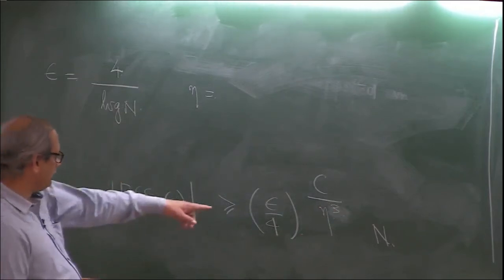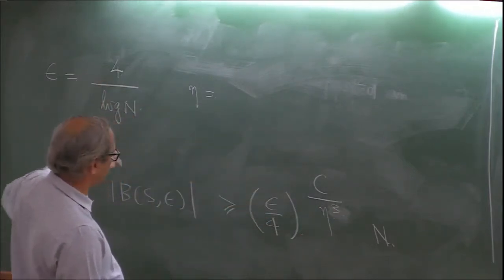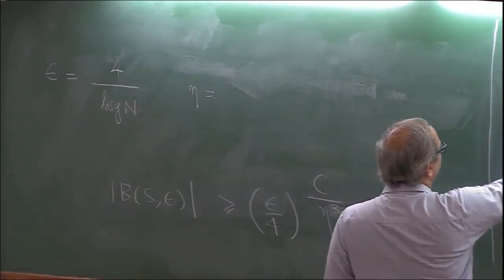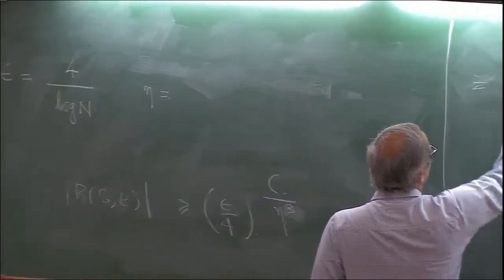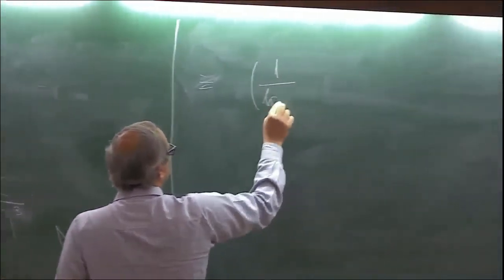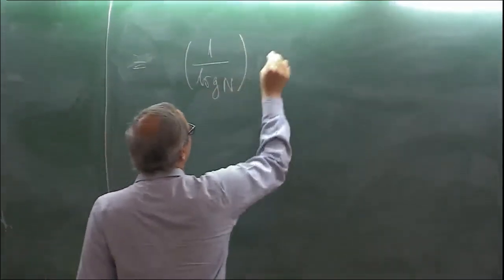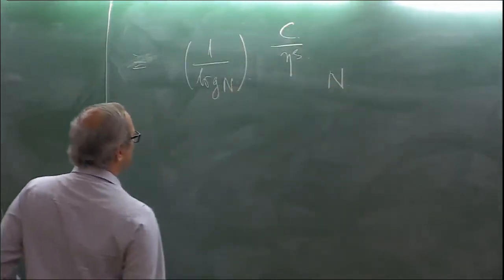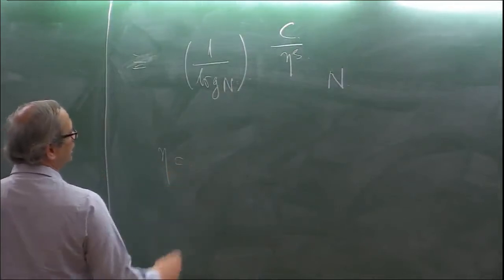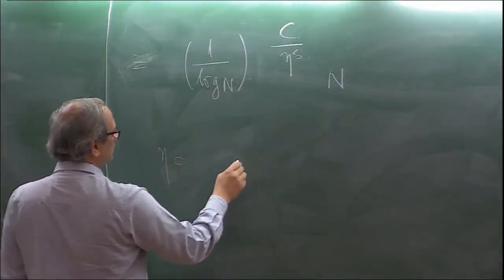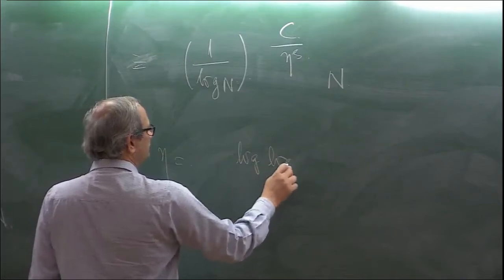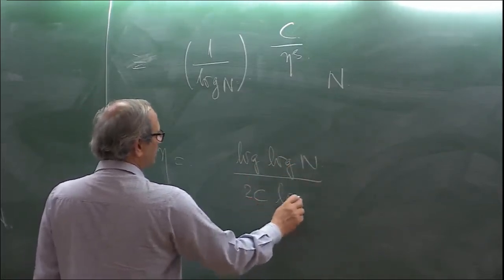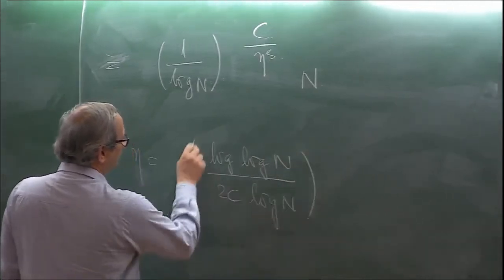Okay, so now if epsilon is 4 over n, then I'm going to get here 1 by, so this is greater than or equal to, this is equal to say 1 by logarithm of n. And then I have constant by eta cube and n. So if I choose my eta to be equal to, let me say, log n by 2 times the same constant, log n to the power of 1/3.